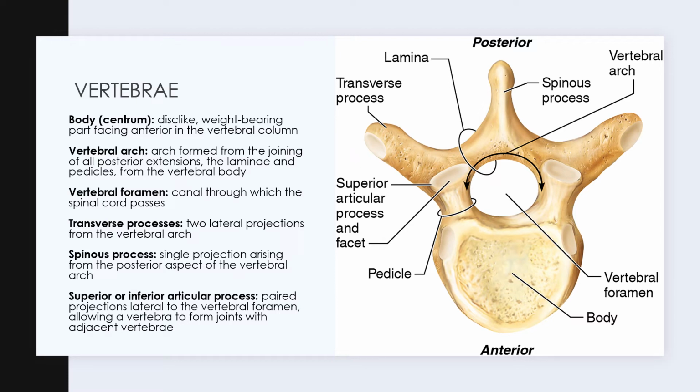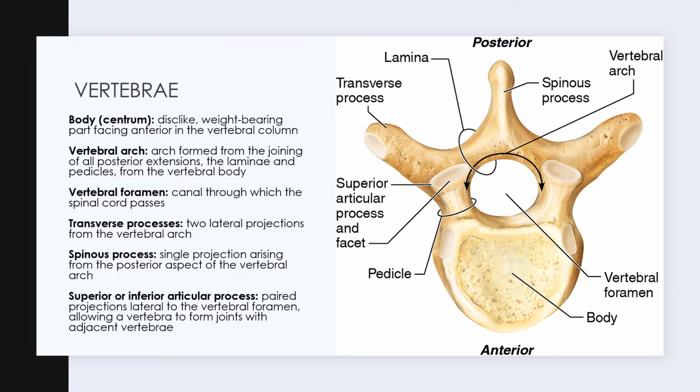The vertebral arch is the arch formed from the joining of all posterior extensions. So that's outlined in the back here in a rainbow shape. The vertebral foramen is the canal through which the spinal cord passes, so the hole where the spinal cord goes. You can see it's kind of central between the anterior and the posterior aspects.